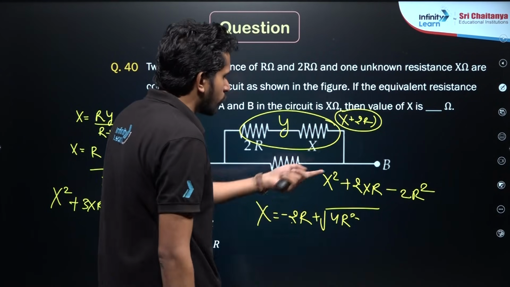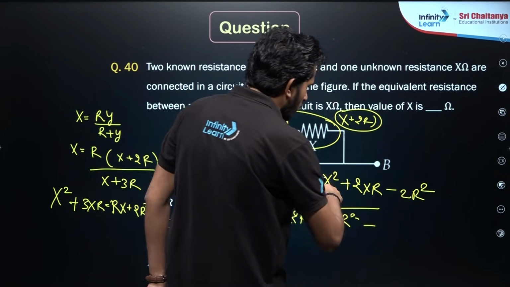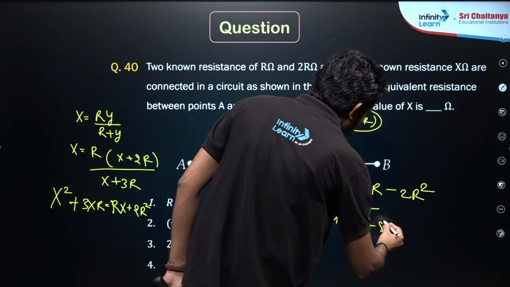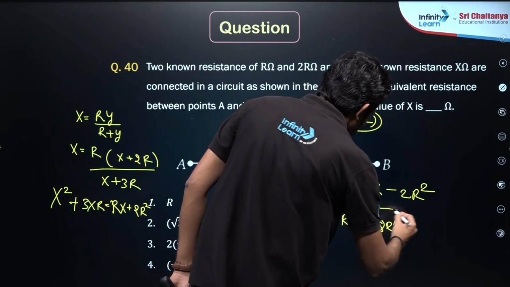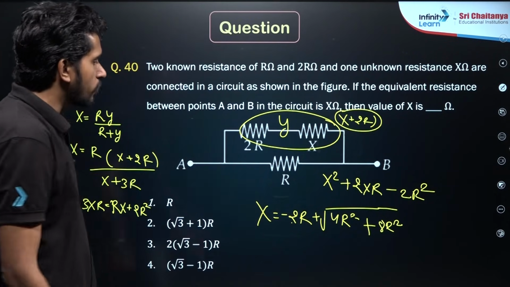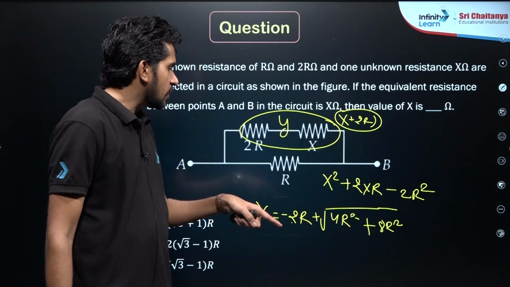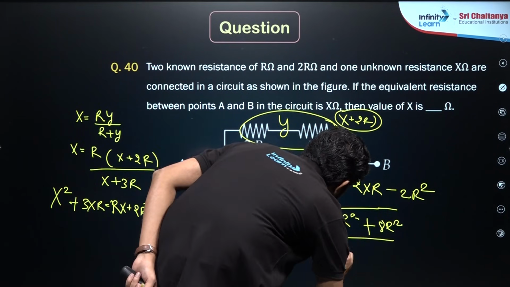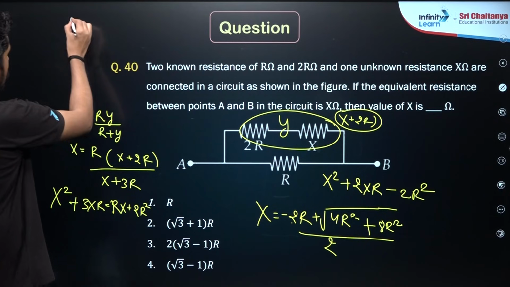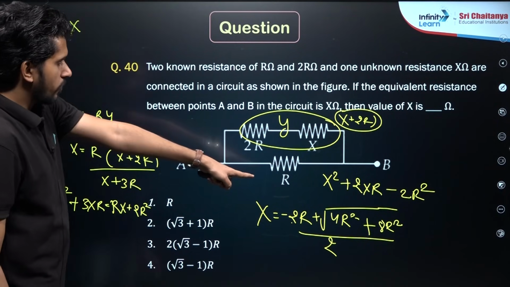Minus 4AC is plus 8R square. So 4R square plus 8R square is 12R square, over 2A, and A is 1.